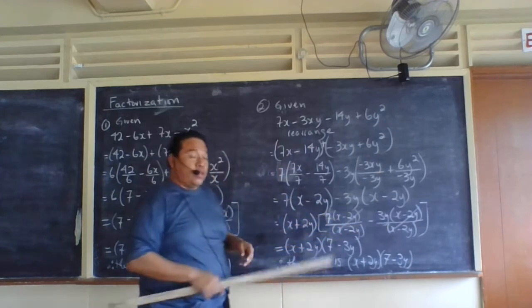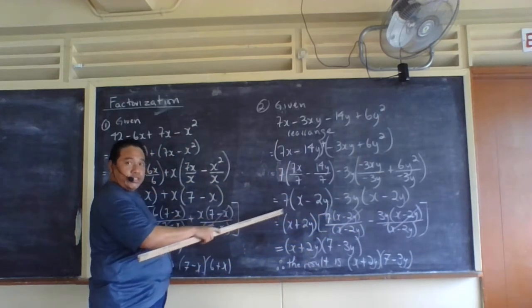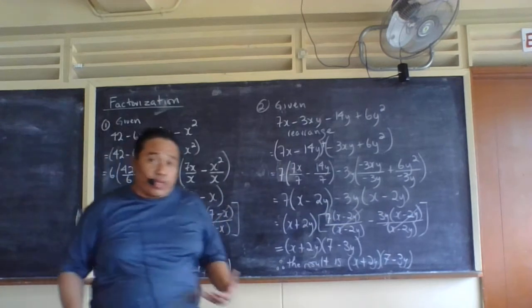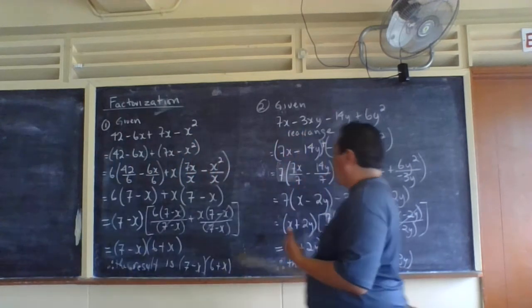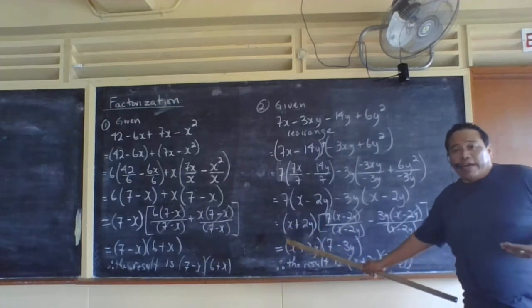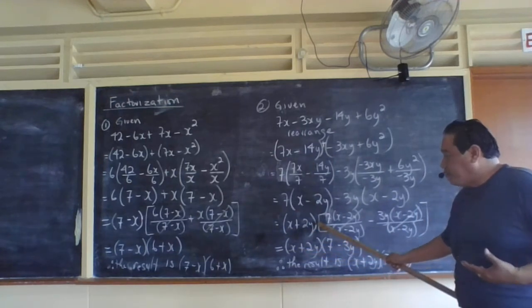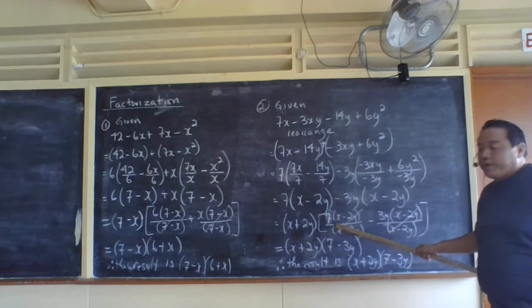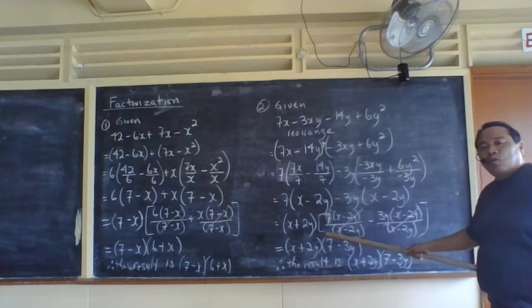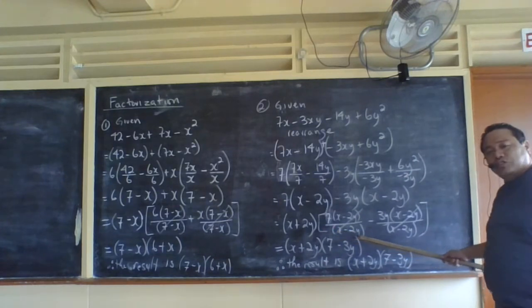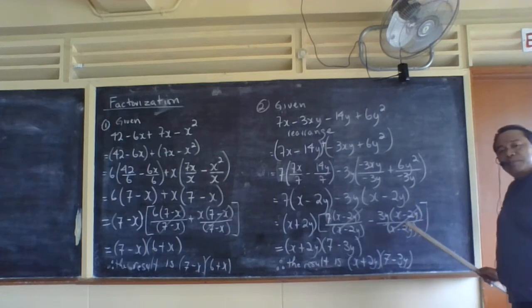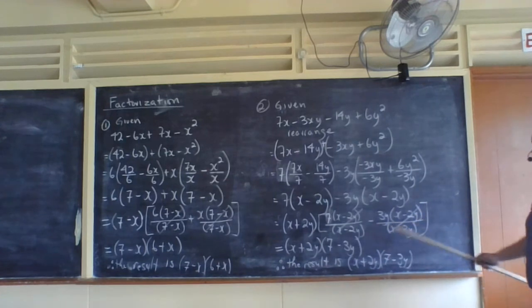I close the bracket. Note again the first and the second term have something in common. So I take it out. So x minus 2y is common. Open parentheses, 7, open bracket, x minus 2y over x minus 2y, minus 3y, open bracket, x minus 2y over x minus 2y, and I close the parentheses.